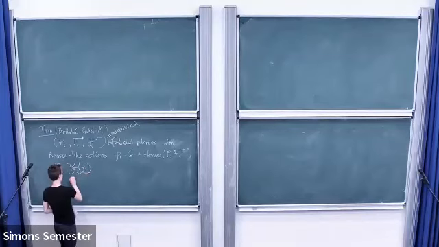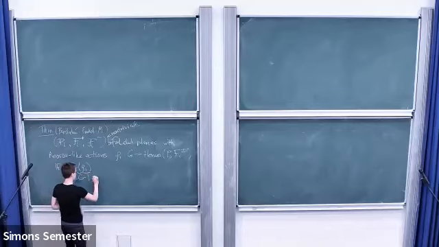So that's the set of g in G such that rho 1 of g has a fixed point in the plane it's acting on.